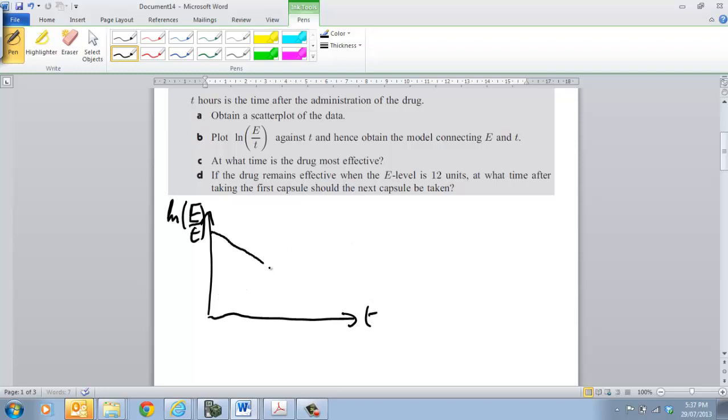It goes something like this, going down like that, and the equation of that graph is in fact given by y is equal to negative 0.3628T plus 3.2775. So that is the equation which gives us a very linear equation there.